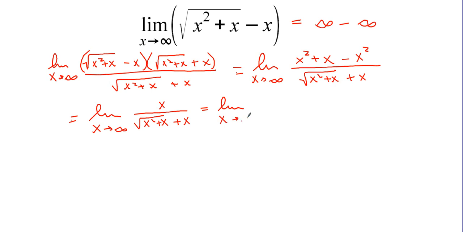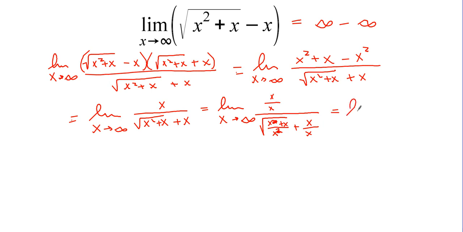So we'll look at the limit as x approaches infinity of x over x over root x squared plus x over x squared. So we've introduced a square root of x squared into the denominator of this, plus x over x. So effectively we've multiplied both the top and the bottom by 1 over x.